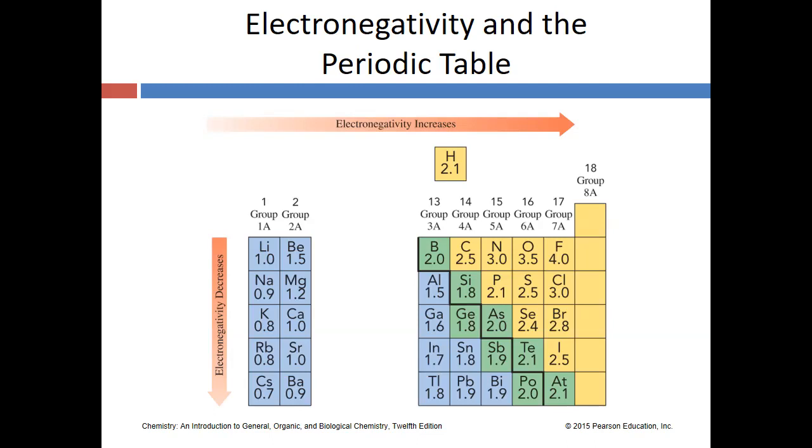If oxygen and chlorine were to make a bond together, what one would I expect to have more of a pull toward the electrons? Well, the scale here tells me now it's going to be the oxygen. Oxygen has a greater electronegativity value than chlorine does. It would pull those electrons toward itself just a little bit better than the chlorine would.